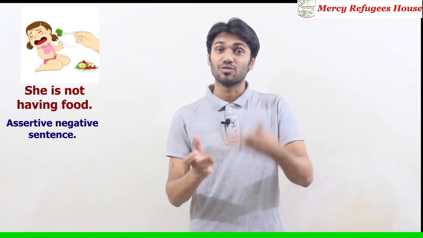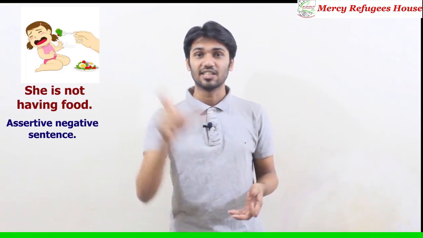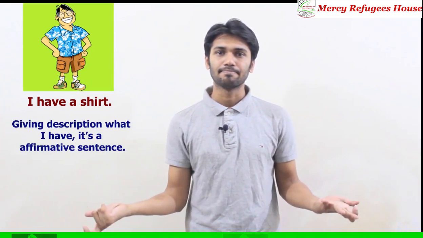The next one is, she is not having food. It's another description that she doesn't want to have food. So it's a negative message or information, right? So it's an assertive but negative sentence. I have a shirt. It's just giving a description of what I have. Positive, right?